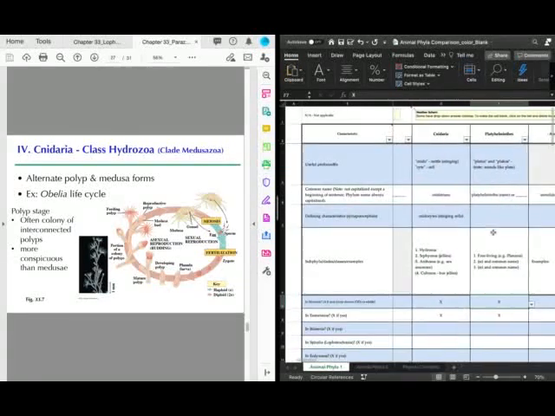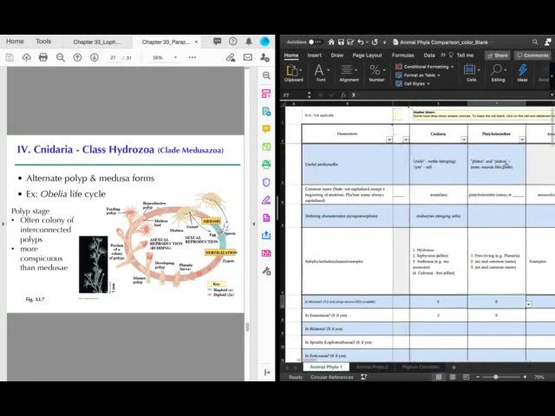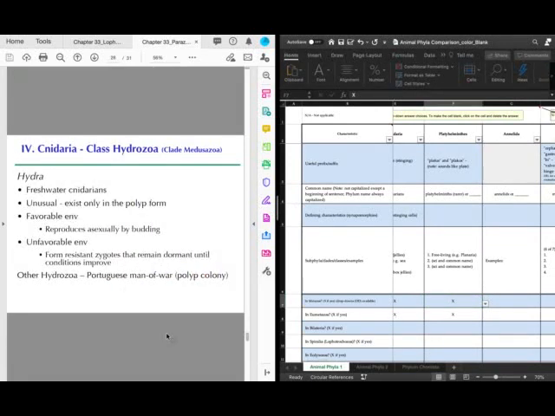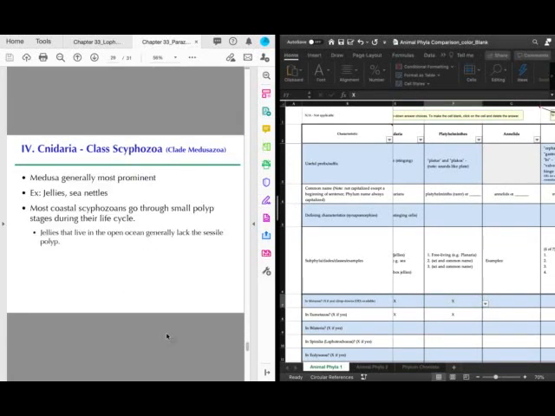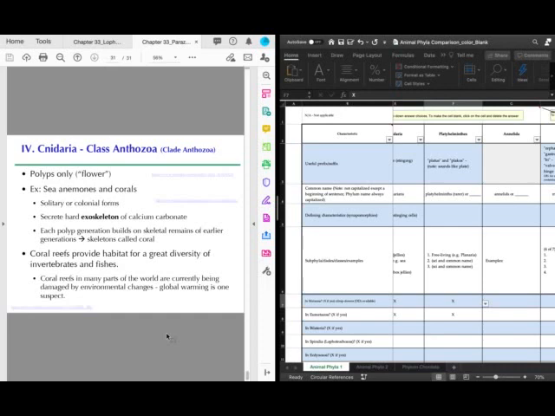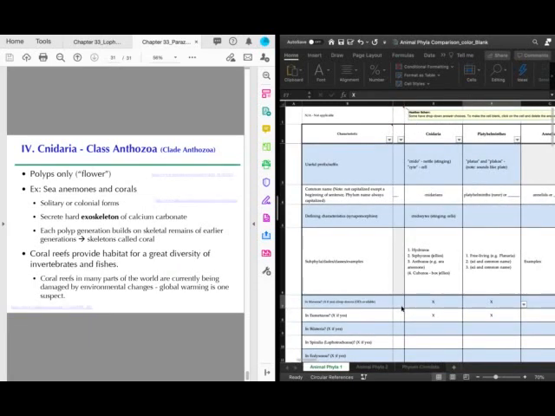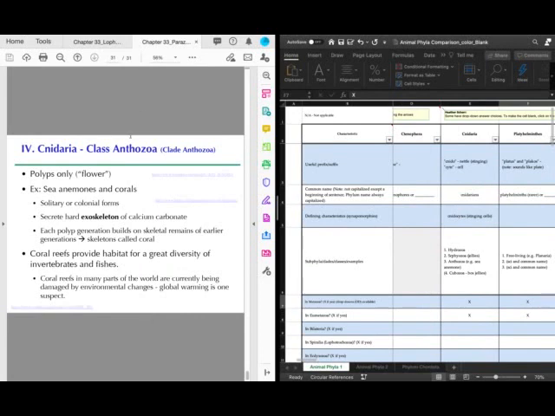Okay. So that's basically what I'd end up with for Cnidaria. Sure, we have no other information.